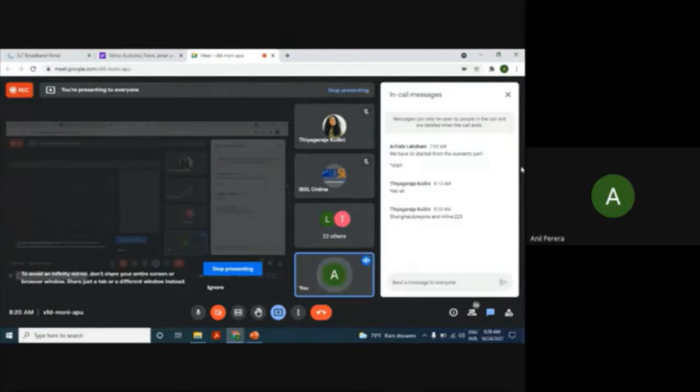Can you name a few international indices? I think I mentioned to you Dow Jones, S&P 500, Nasdaq. All these are American or US stock exchange indicators.